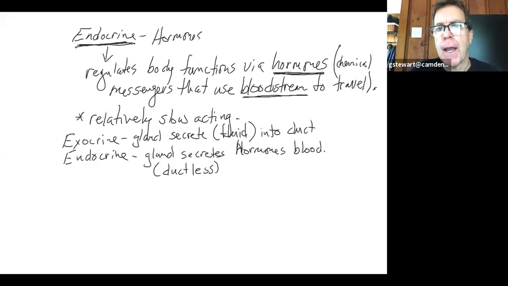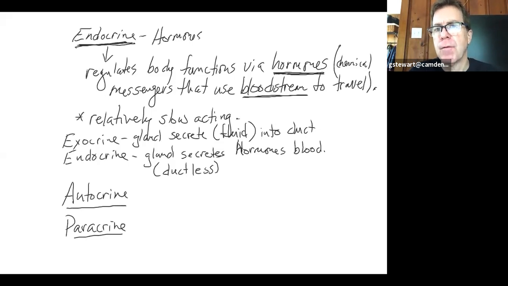Two words that I might bring up on a quiz just to expect you to know what this word means: autocrine and paracrine. An autocrine is a description of a gland that secretes a hormone-like substance.